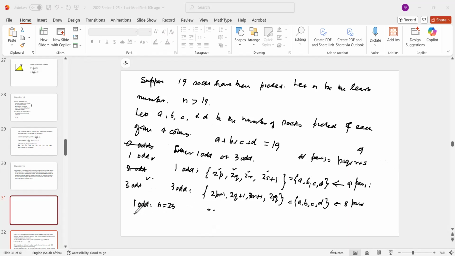In the case of 3 odd, what happens here? In this case, you need 2 more pairs. So if you pick the first one, in the worst possible case, you have this, 2Q plus 1.